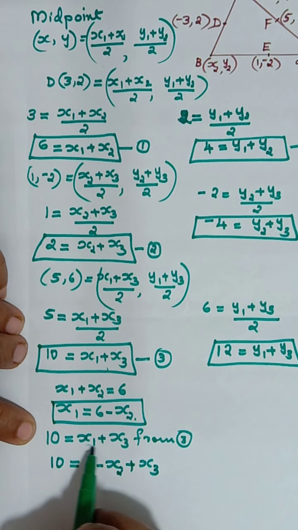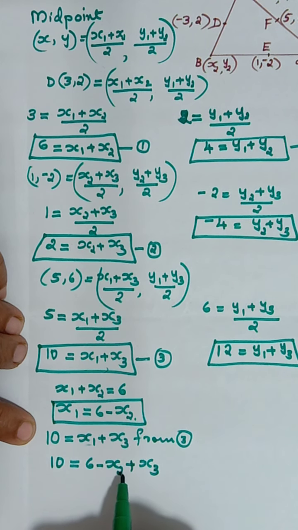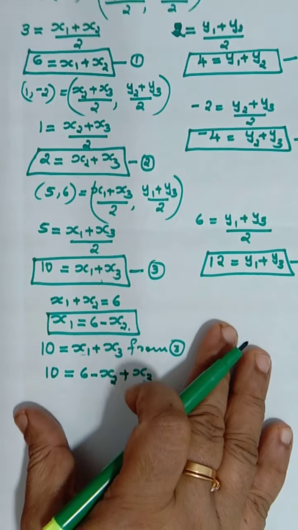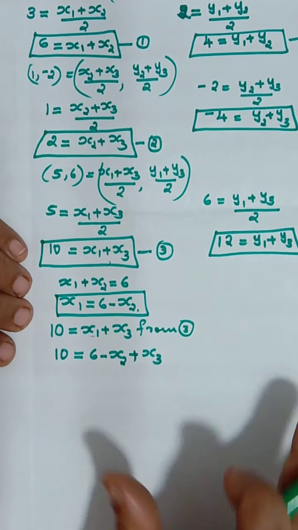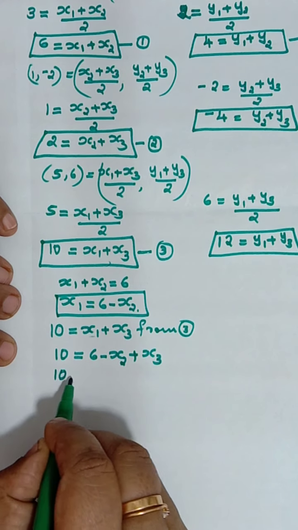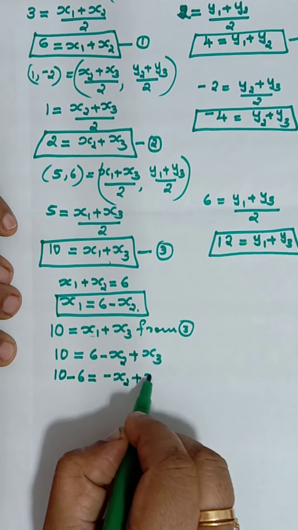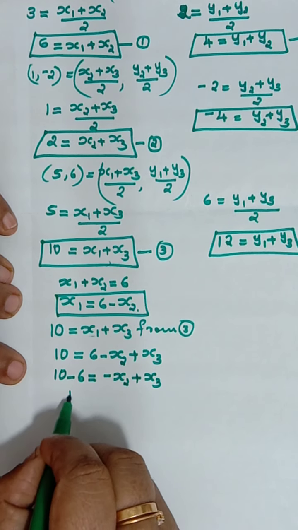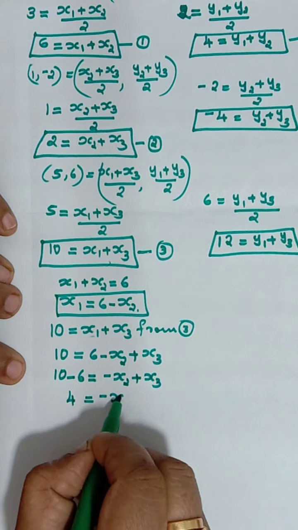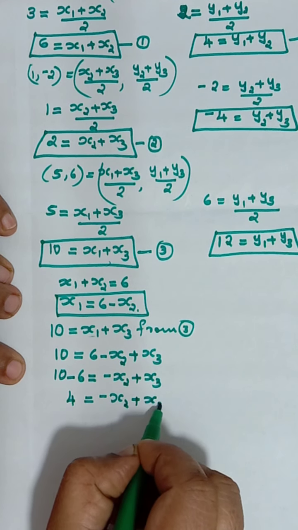Instead of x1 I have written 6 minus x2, then plus x3. Simplifying, 10 minus 6 is equal to negative x2 plus x3, that is 4 is equal to negative x2 plus x3.